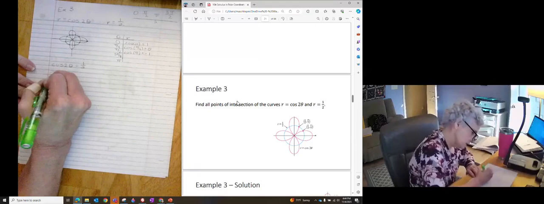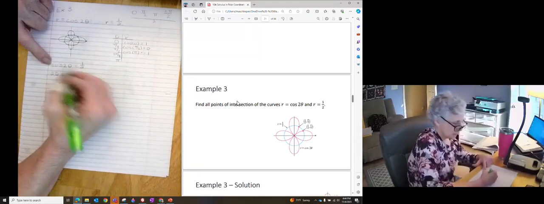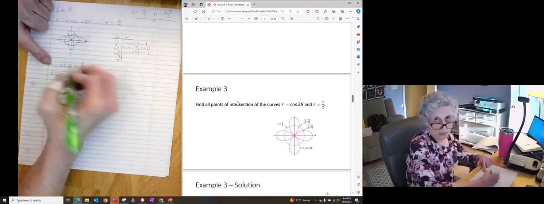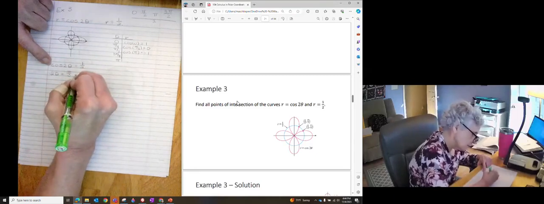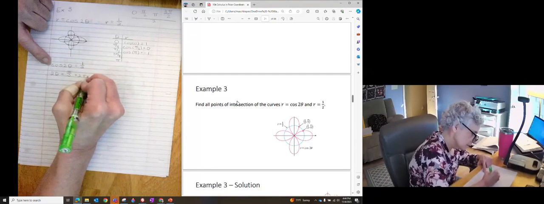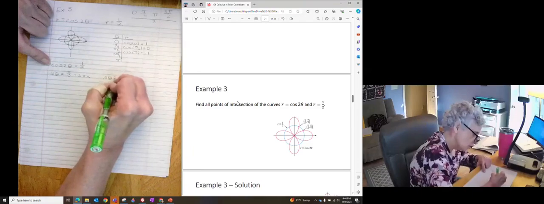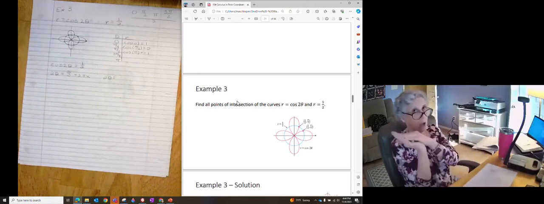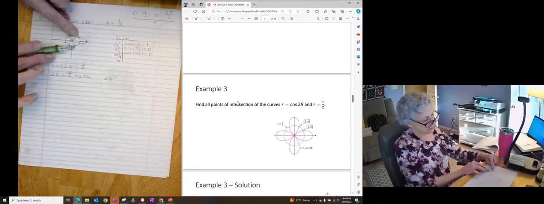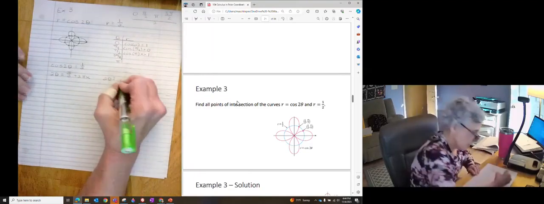So that means 2 theta is equal to, well, cosine's equal to 1/2 when we have pi over 3 plus 2 pi k, or 2 theta is equal to, let's see, we're positive in the first and fourth quadrants, so pi over 3 and 5 pi over 3.